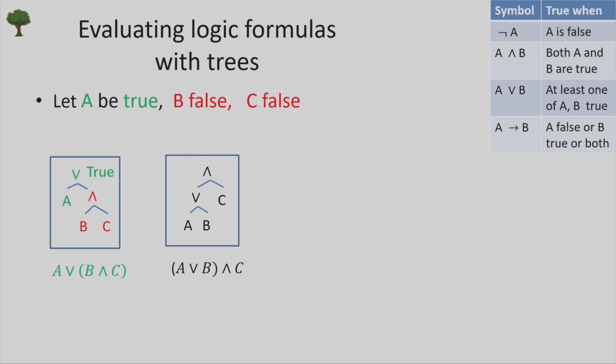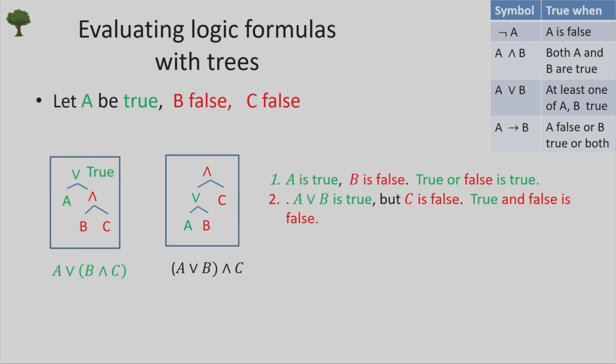Okay, let's try another example, the second one. So now we have, again, A true and B and C false. This time, the first thing we need to evaluate is A or B. A is true, B is false, true or false is true, so A or B is true. And now we go to the AND of two things. The first of it is true, and the second one is false.